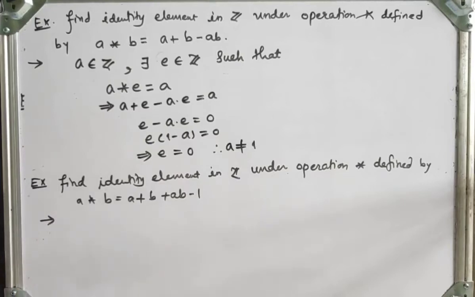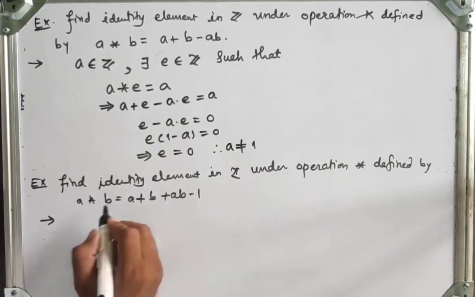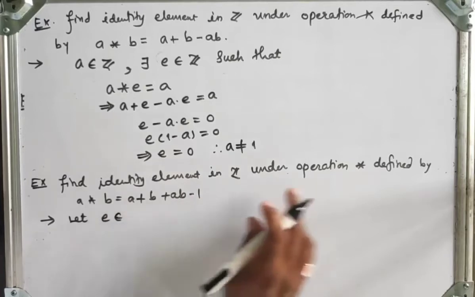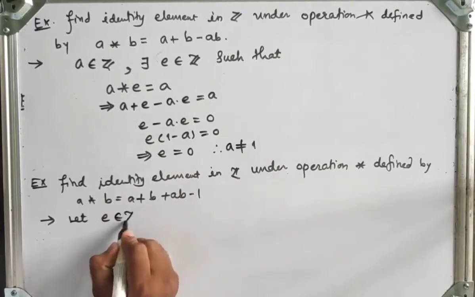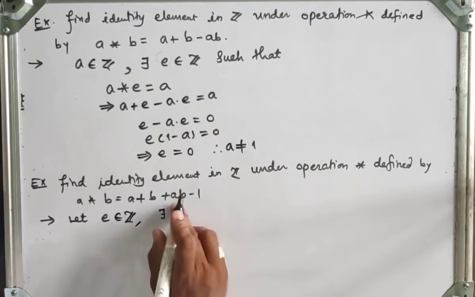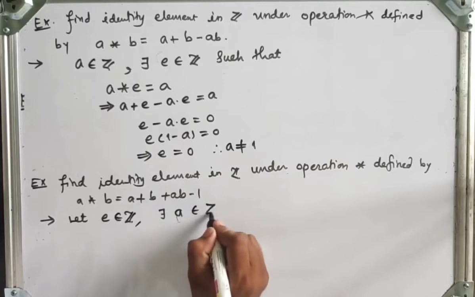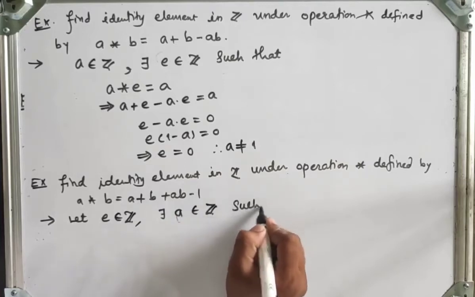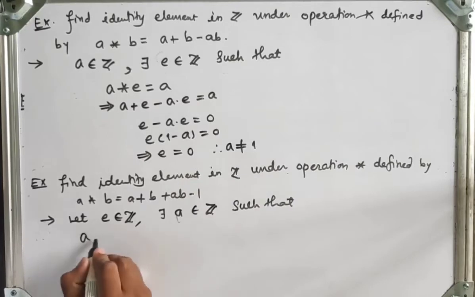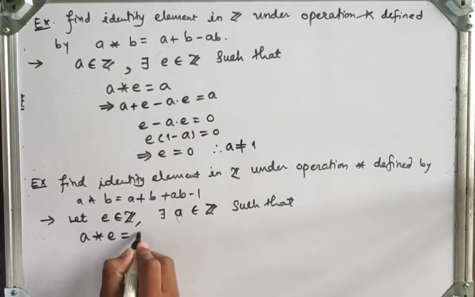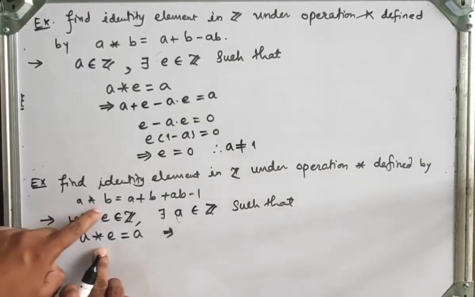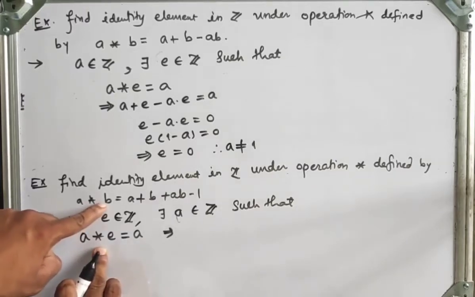So we have to find the identity element. Now let us take the identity from the set of integers. Then there exists E, for A belonging to integers Z, such that our property is A star E should be equal to A. So we apply A star E here. So we replace B by E.